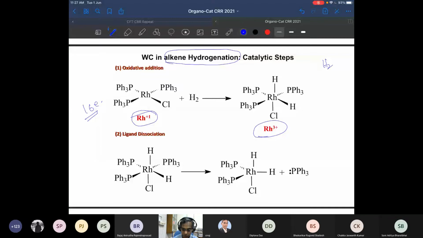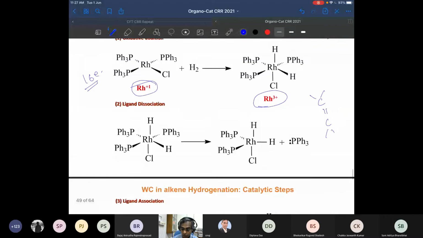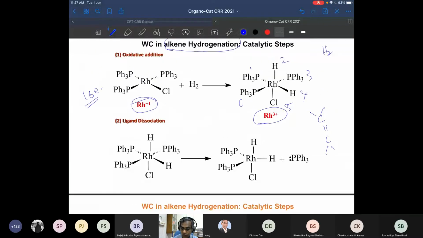Now what happened? Ligand dissociation. Why should the ligand dissociation take place? You have an alkene, and this alkene has to come and interact with this complex if this is the catalyst. Already this coordination sphere is complete: 1, 2, 3, 4, 5, and 6 is already a hexa-coordinated complex.